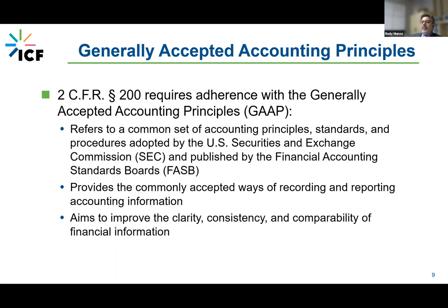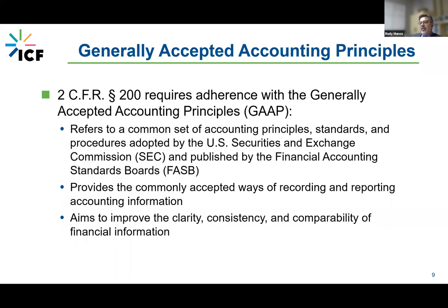The GAAP provides commonly accepted ways of recording and reporting accounting information for all federal grants, and that includes the ESG grant and the ESG-CV grants that you have received.